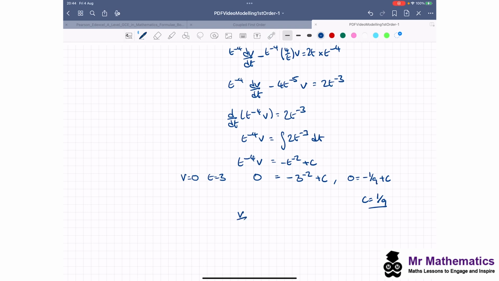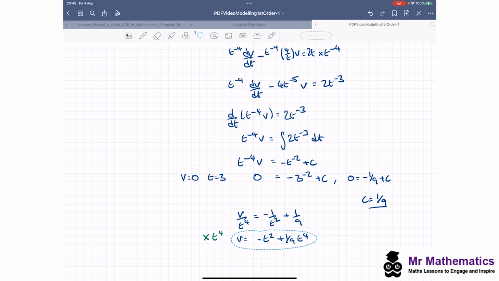So we get v over t to the 4 is equal to negative 1 over t squared plus 1/9. We'll multiply both sides by t to the 4. So v will equal, this will become negative t squared, so then we get 1/9 times t to the 4.